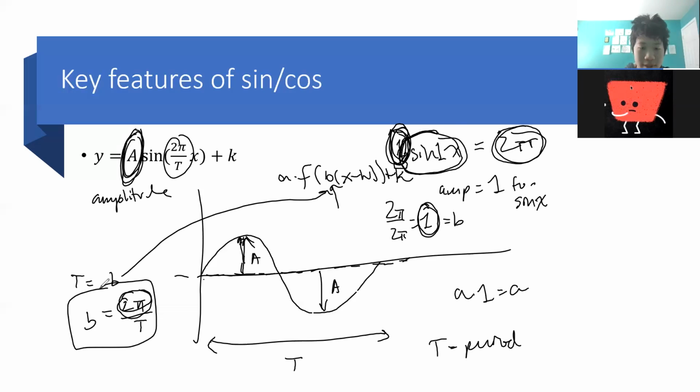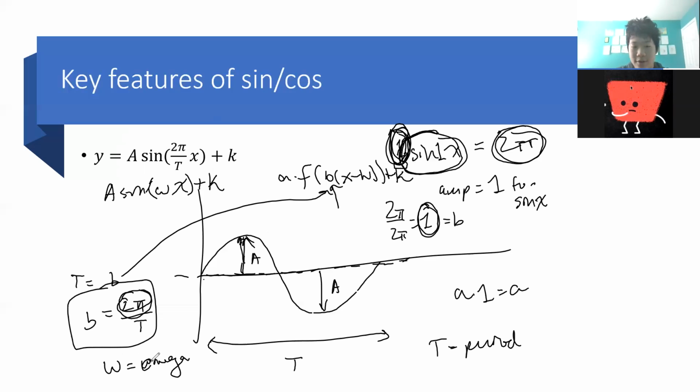We often replace b with this w symbol. So we could actually rewrite this equation as sine wx. We just often replace the 2 pi over T with this w. It's called omega, a Greek letter omega.